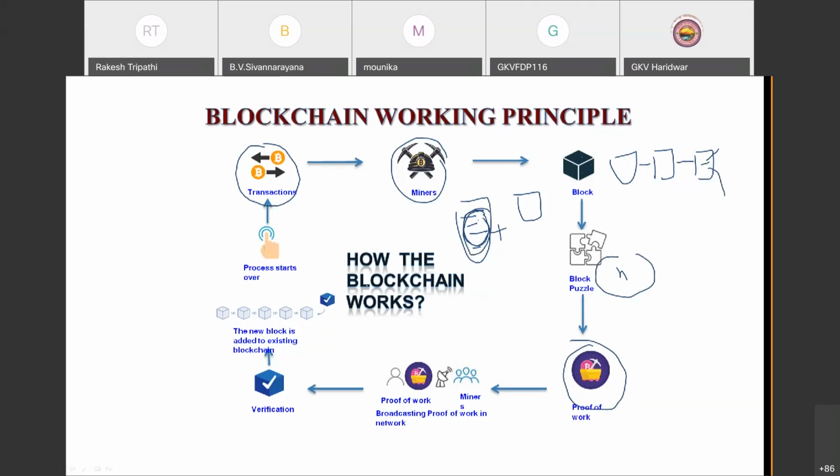Okay. In different rounds, different miners will win, and the probability that a miner wins depends upon what percentage of hash power he has, divided by the total hash power.